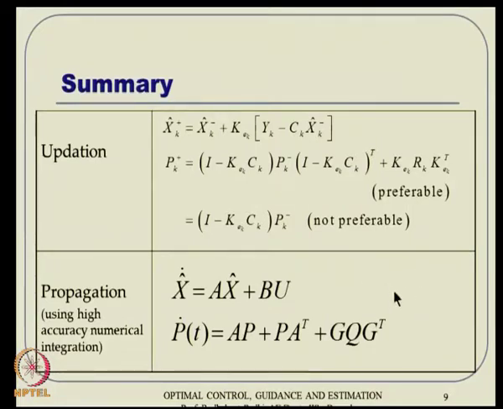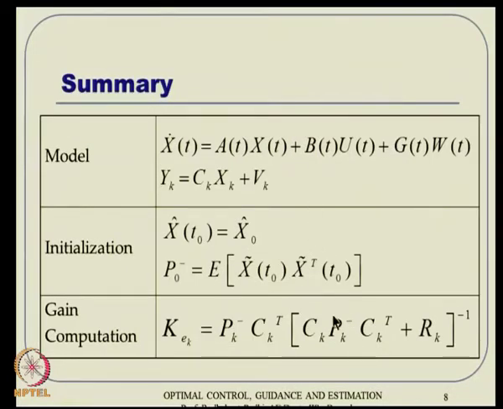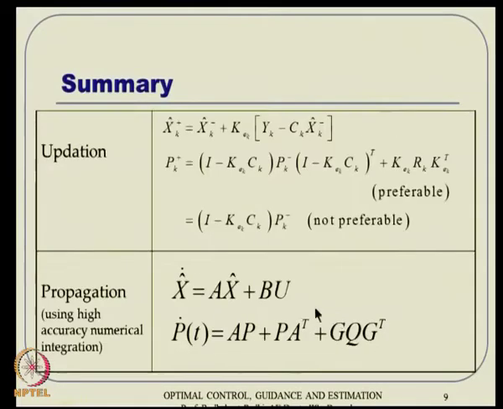So just be aware of that. Otherwise the implementation is very similar to what we do in the discrete time domain. The only difference is probably in the propagation stage, where you use the continuous time expression and then use some sort of higher order numerical integration scheme to propagate it in a much better sense. So that is how this platform works.